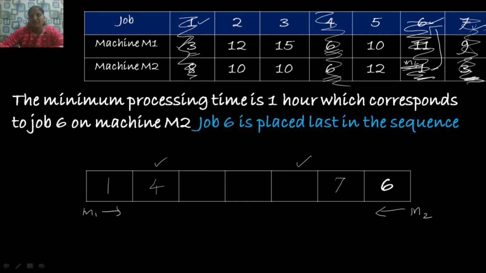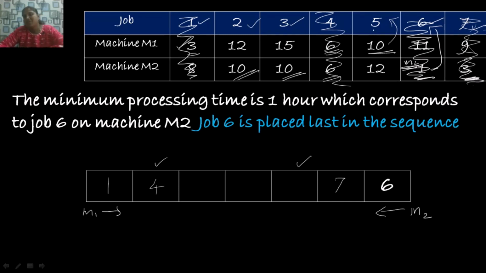The next minimum processing time is 10 hours. Here there are 3 values. The minimum processing time of 10 hours falls on job 5 on machine M1 and also job 2 on machine M2 and job 3 on machine M2.